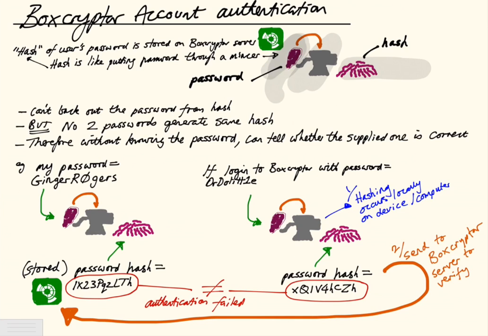Okay. Now, the two key points about the relationship between the hash and the original message, the original piece of information, is you cannot go back from the hash to the password. Right, so we're talking about passwords here. So even if you have the hash, you can never know what the original password was, right?